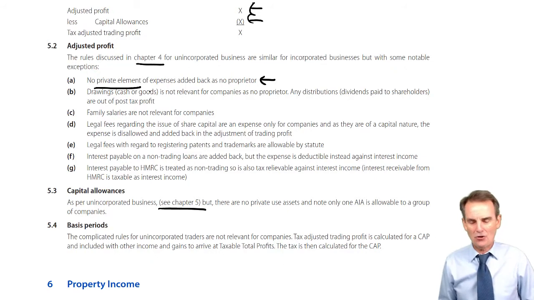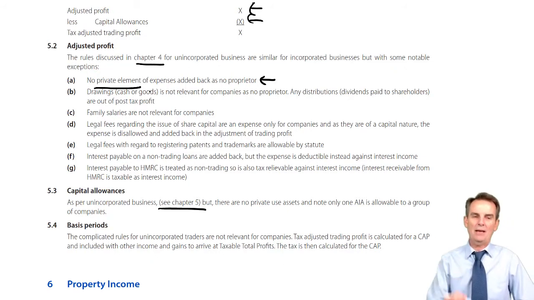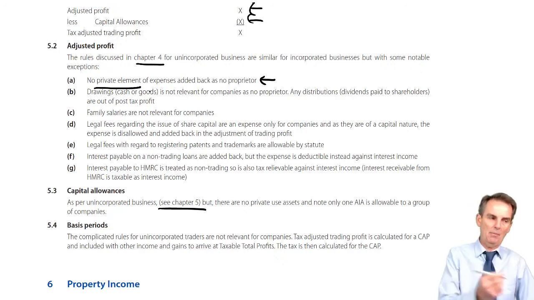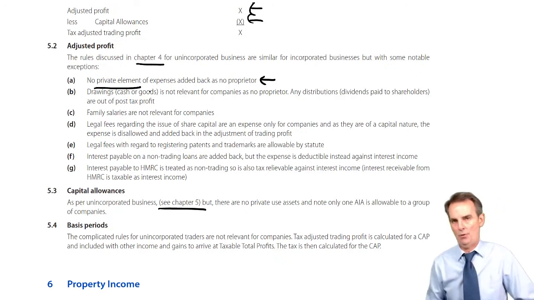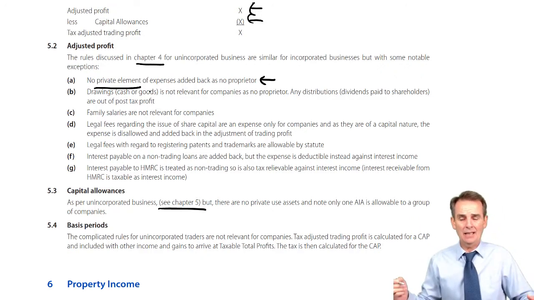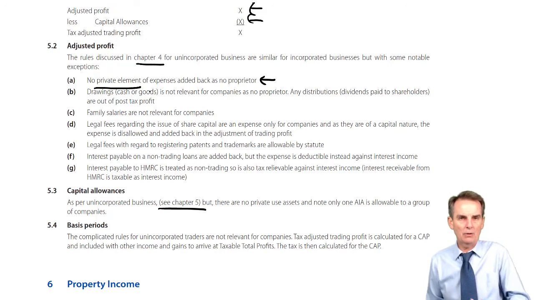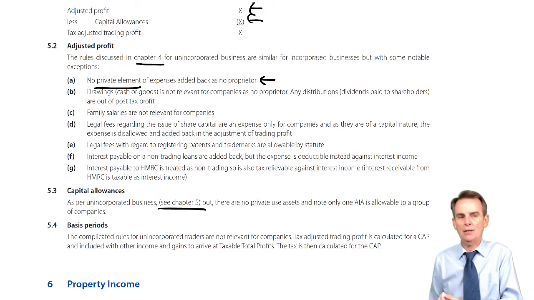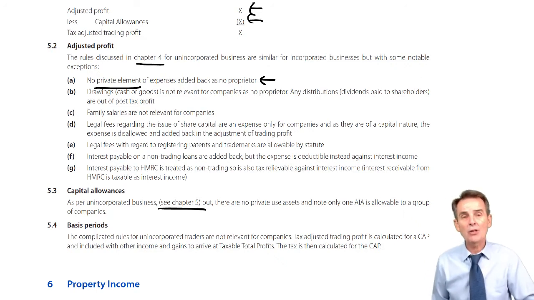Now again, they might try and tell you that the motor expenses were for the director, and the director had this mileage, so much business, so much private. Not relevant. The fact that the company has provided the director and employee with a company car, and that car is used both for private and business purposes, that's dealt with within, well, as you knew it, Chapter 9, the employment income assessment.